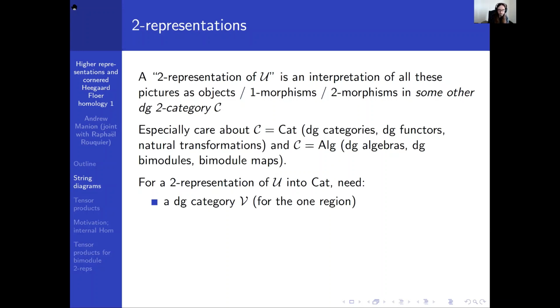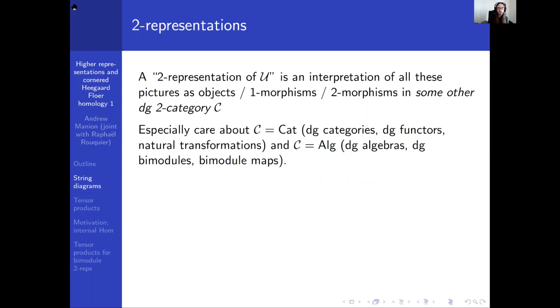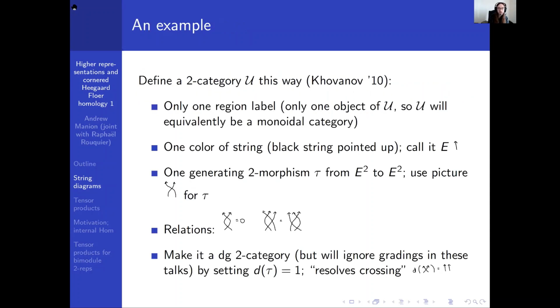So let's focus on this first case of two representations into Cat. What do you need to specify one of these? Well, you need to interpret all of this data. A region label should mean a category, a DG category in this case. I'll take Cat to be DG categories, DG functors, and natural transformations, which form chain complexes in this setting.